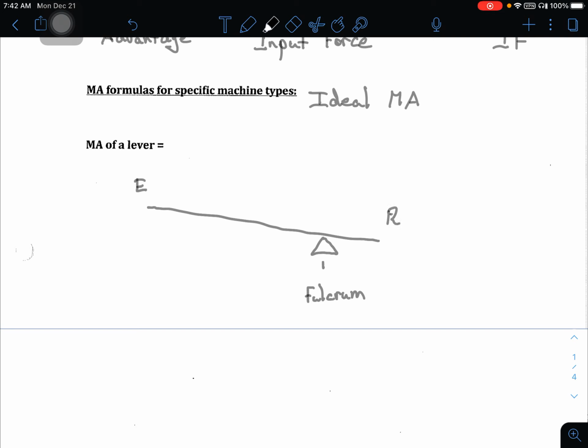Down here, the resistance is the object I'm trying to lift. So on a lever, the distance from where the effort force is being applied to the fulcrum is called the effort arm of the lever.